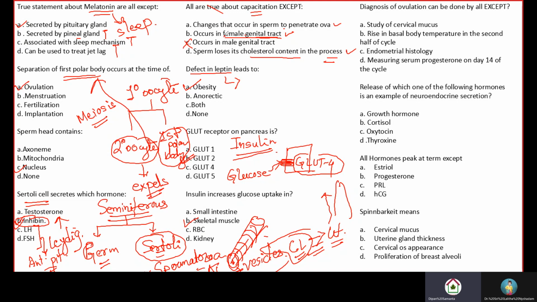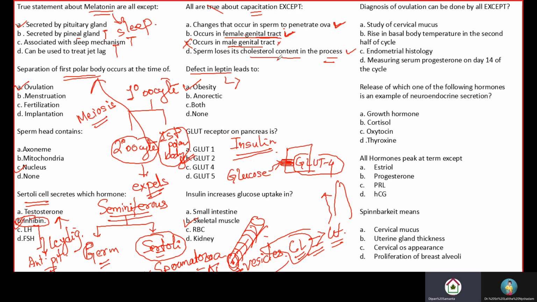So obviously this is true. Then it occurs in the female genital tract. This is also true, but not in the male genital tract. This is false. This process occurs in the female genital tract.